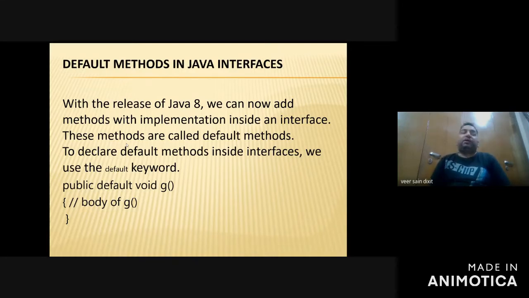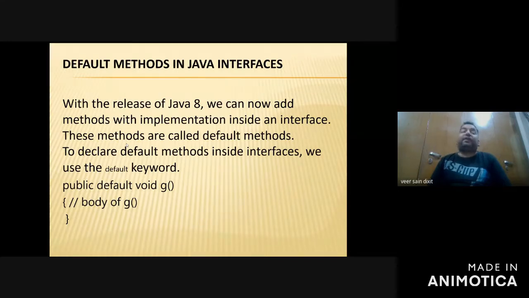But suppose you want to define a method in the interface, that is not possible. Is it? That is not possible, right? So how would the definition of a method be possible in the interface?